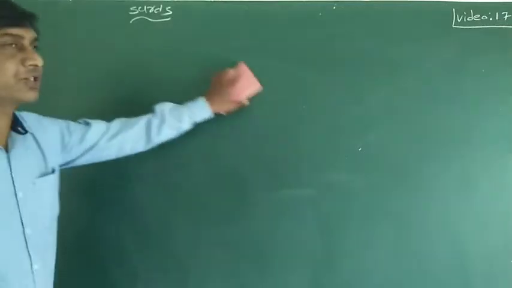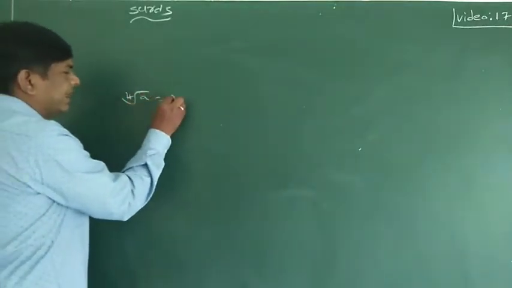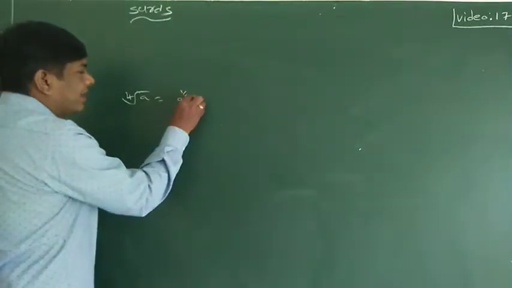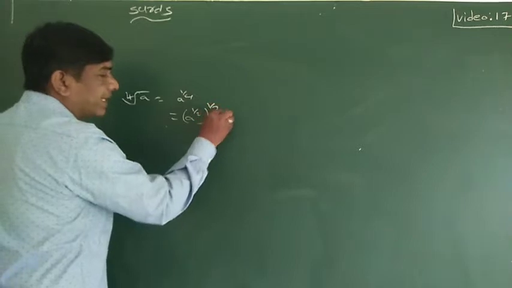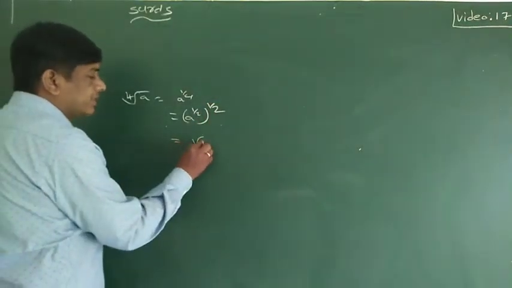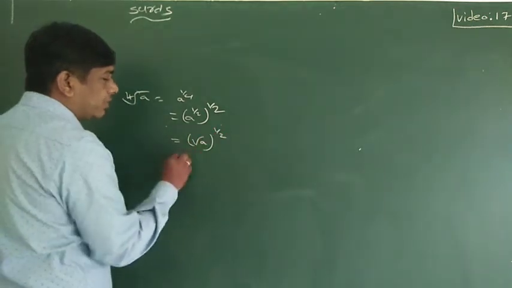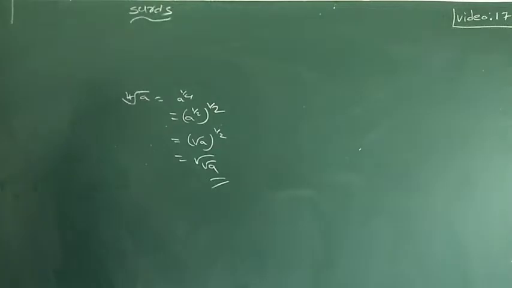Understood? How did I write here? Fourth root of a is a power 1 by 4, equal to a power 1 by 2 whole power 1 by 2, using the exponent concept. So this is the square root of a, whole power 1 by 2, again 1 by 2 is the square root.